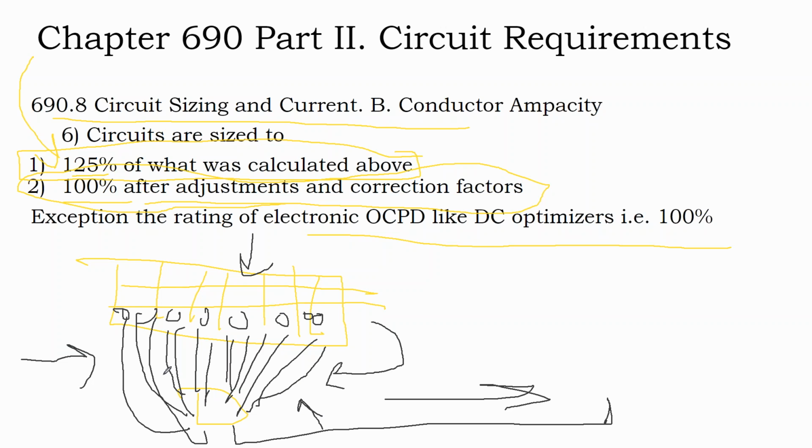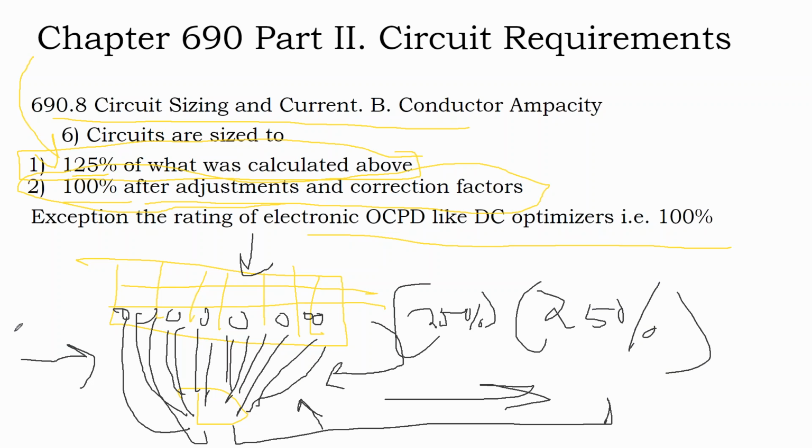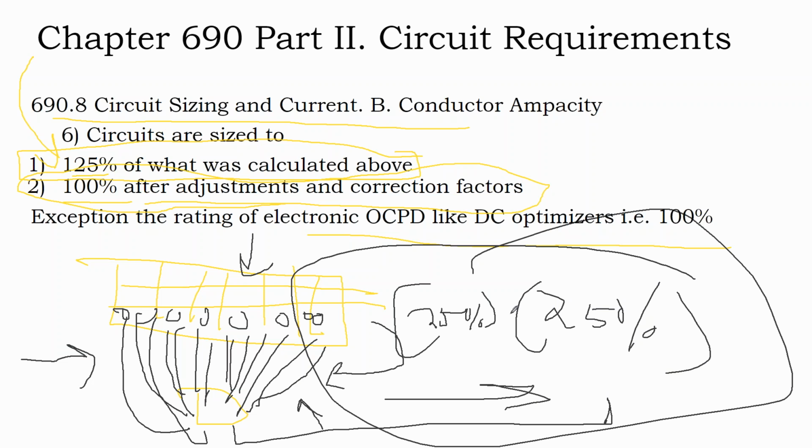But when they were uncontrolled, we were having to take our conductors and then add 25% to it, and then add another 25% to that. And so that kind of led to rule of thumb circuit sizing for solar, where the ampacity is 56% of the short circuit current rating of solar, whereas most circuits it would be 25%.